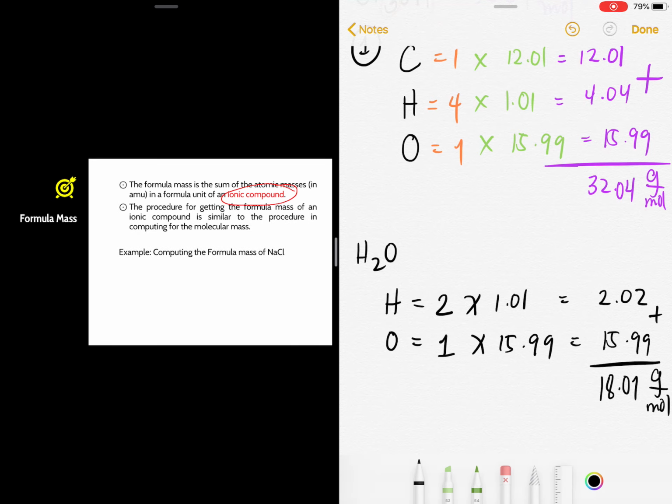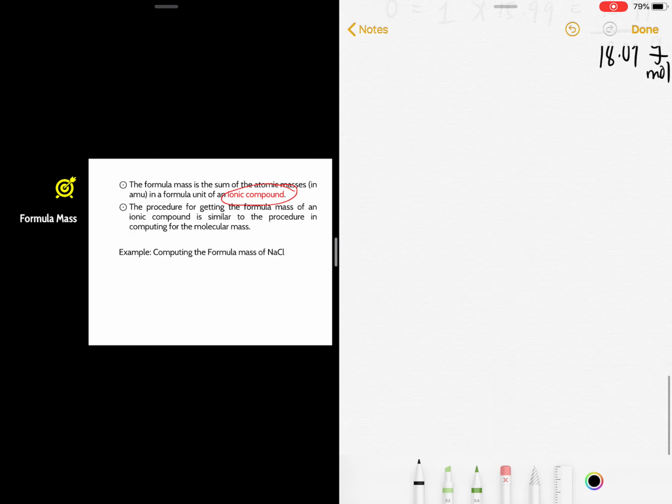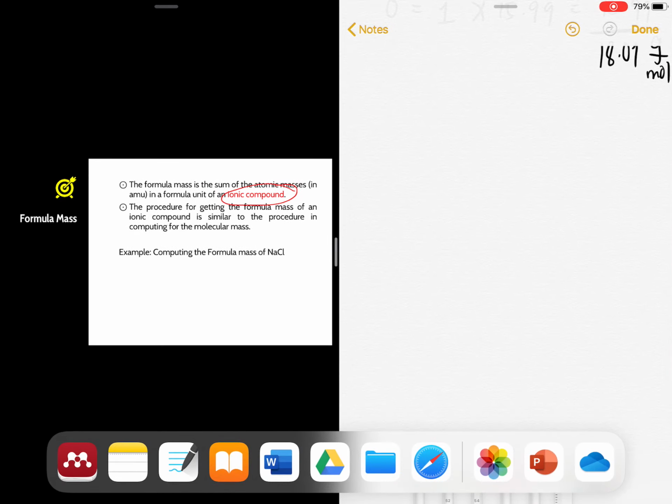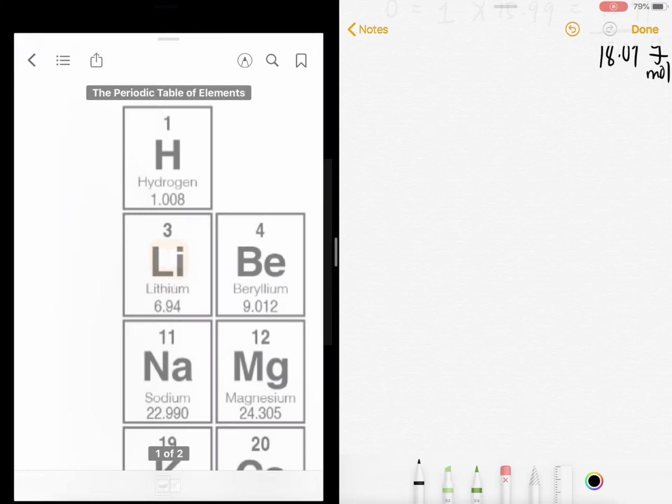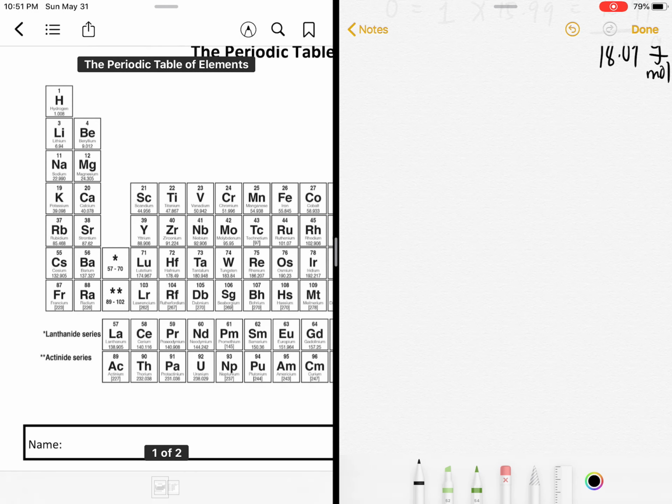Okay? So, let's try computing the formula mass for sodium chloride. Or, shall I say, let's try computing the molecular mass of sodium chloride. It's the same, no? The formula mass and the molecular mass, technicalities lang, no? Yung formula mass, ginagamit sa ionic compound. So, sabi niya, get the formula mass for sodium chloride.